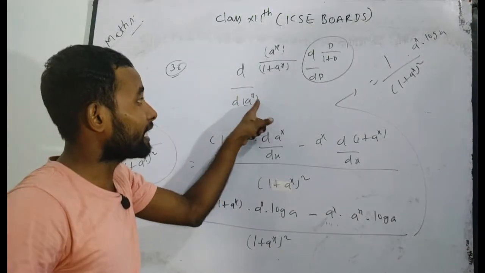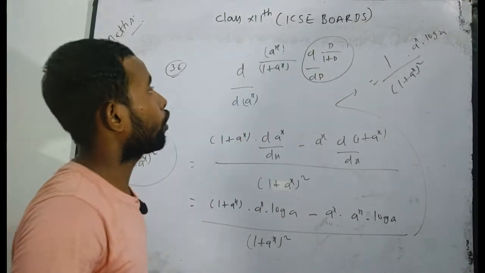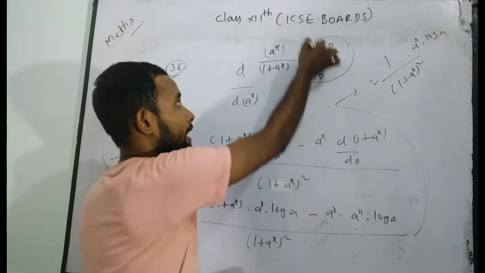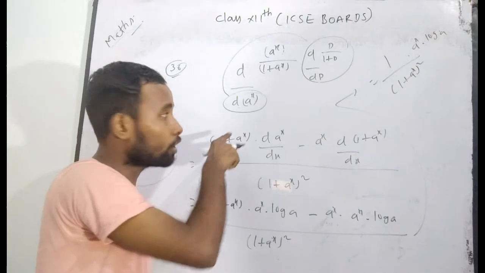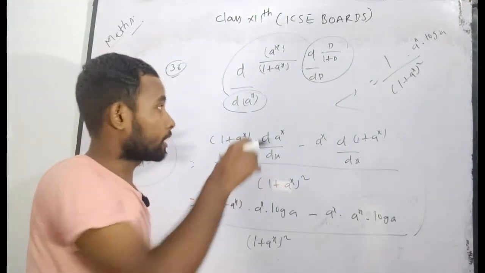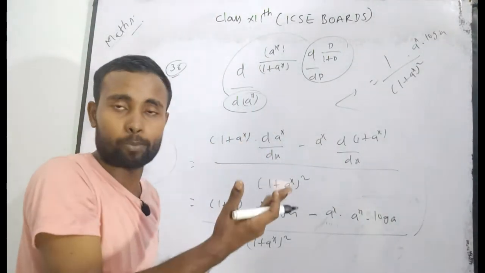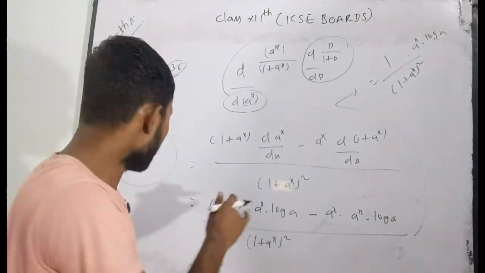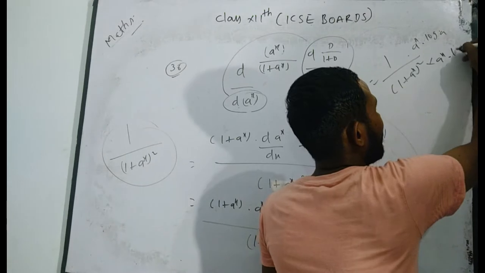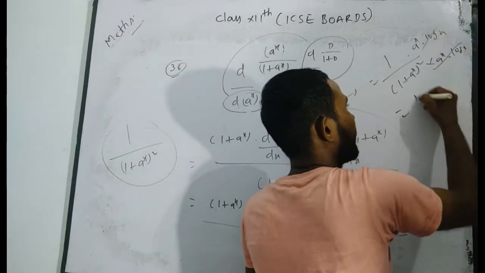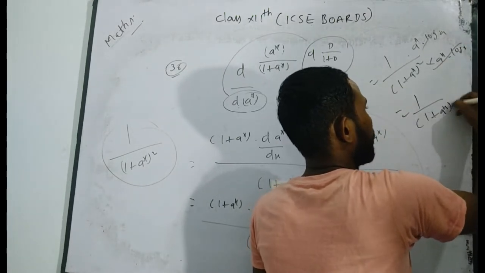There should not be a to the power x, because you can differentiate a to the power x with respect to x. So there should also be in the denominator a to the power x into log a, and finally it will cancel, and you will get 1 plus a to the power x.